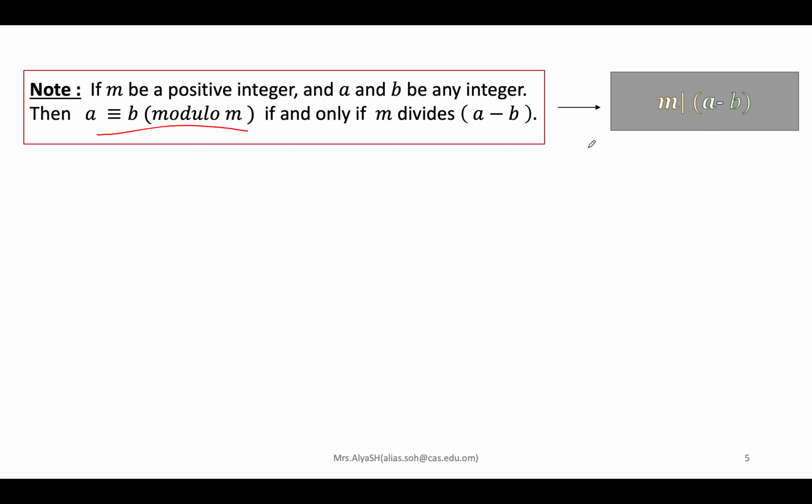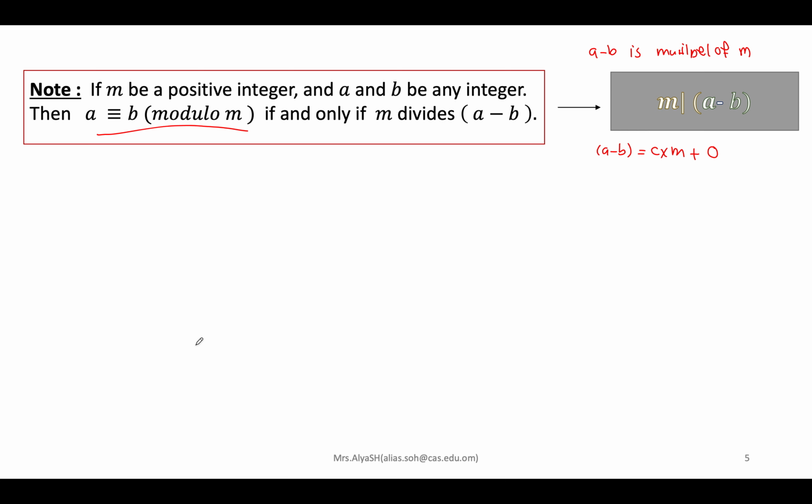We mean that when I divide A minus B by M, I get C multiplied by M plus 0, no remainder, which also means that A minus B is a multiple of M.